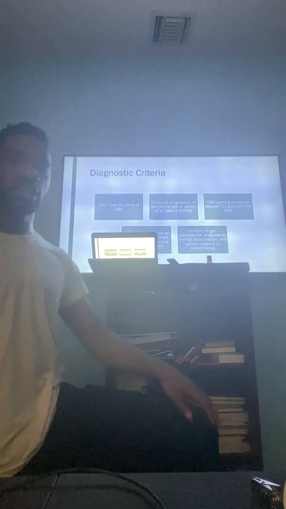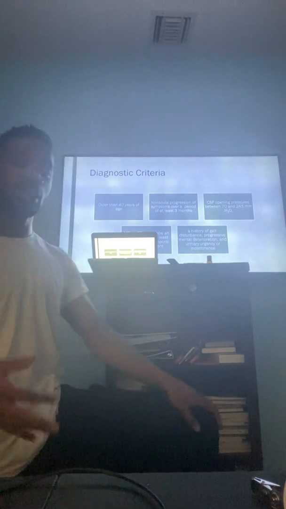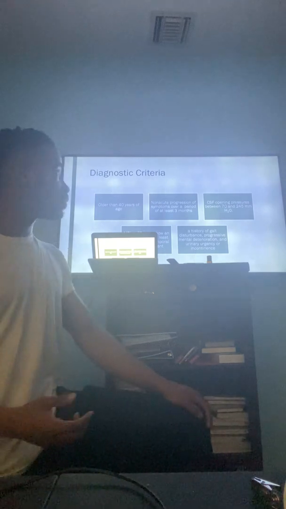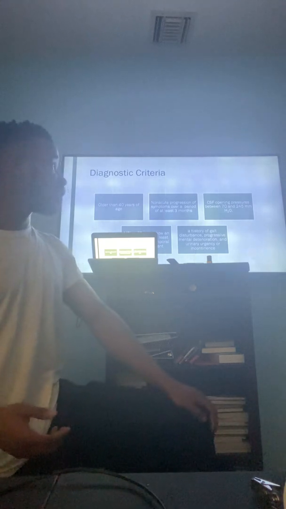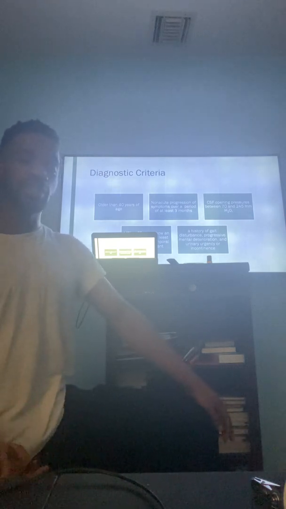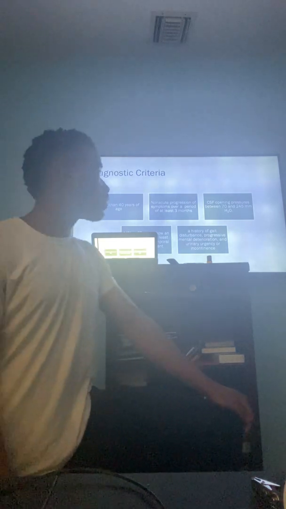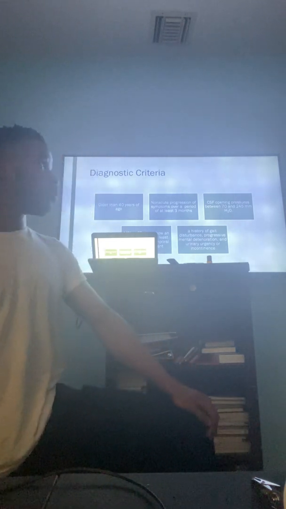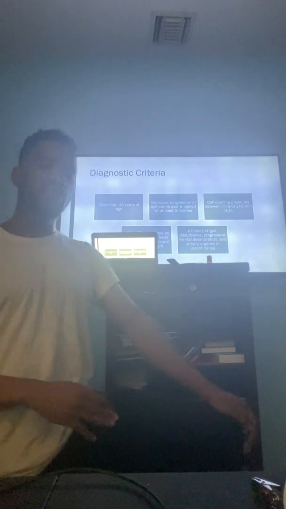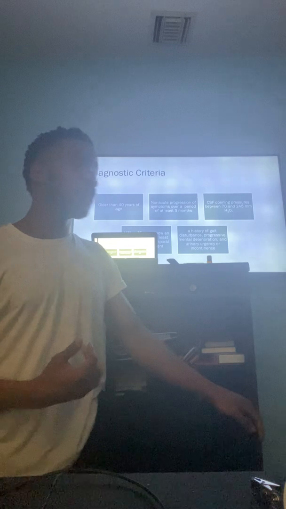So how do we diagnose this? The diagnostic criteria is that it's usually over the age of 40 years old. It's a progressive disease, meaning that it usually happens within a 3-month span, and it's non-acute. The CSF opening pressures begin within 70 to 245 millimeters of H2O.